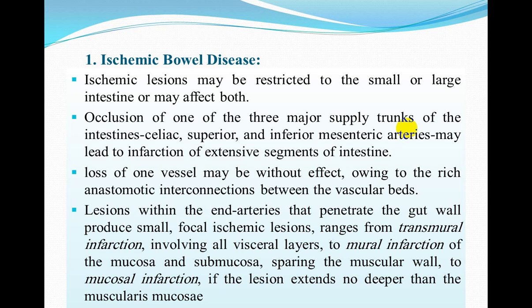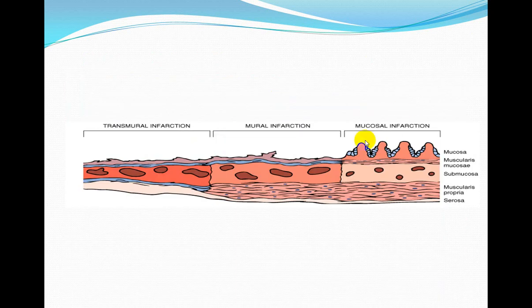If we have, for example, one of the branches of the celiac, superior or inferior, and this branch supplies only the mucosa, it will result in a mucosal infarction of the intestine. So there will be an ischemic change or infarction in the mucosa of the intestine.